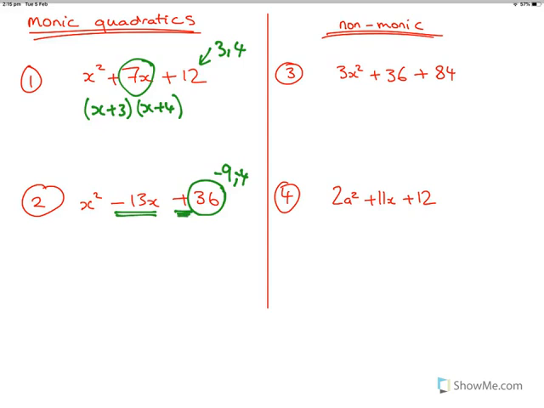If you need a bit more explanation of that, I will be in class ready to help you. But yeah, if you get it, just charge along. So that means the answer is going to be x minus 9, x minus 4, because minus 9 minus 4 is minus 13. So that's our answer.